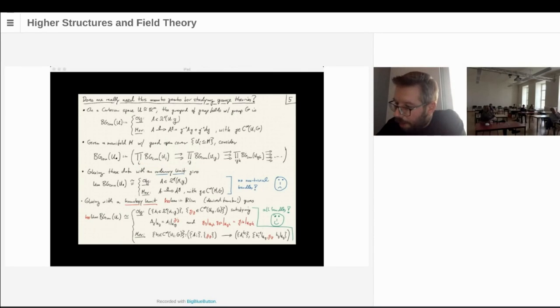What you get out is that the homotopy limit is the gauge potential on each patch, together with the transition function on each overlap, satisfying the condition that the gauge potential Aj coincides with Ai on the overlap up to the gauge transformation Gij, and these Gij satisfy the cocycle condition on triple overlaps.